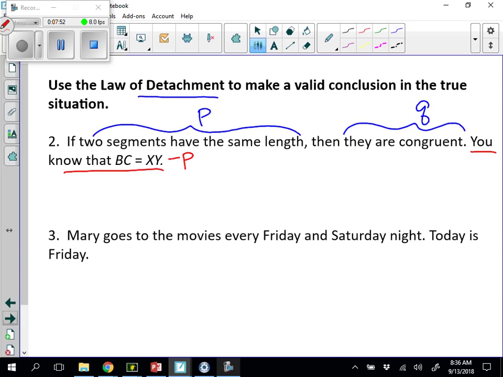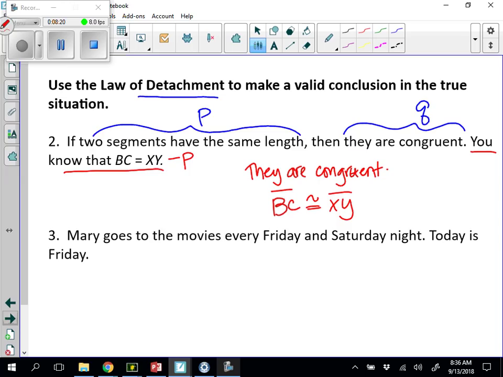So I can assume that they are congruent. And so that is the answer by using the law of detachment. Or I might want to write it with math symbols: BC is congruent to XY. And that's all the law of detachment says. So if I encounter the hypothesis in a scenario, I can detach the conclusion from it and assume that will happen.